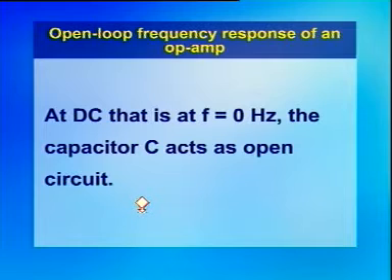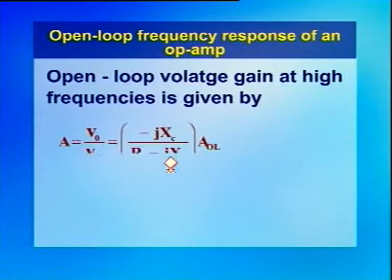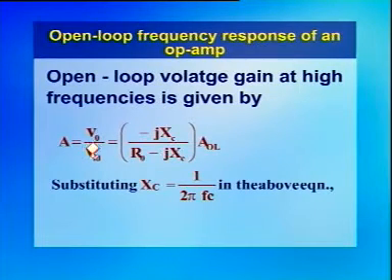Now the open loop voltage gain at high frequencies is influenced by the capacitor, and it is given by A equal to V0 by VID equal to minus jXC by R0 minus jXC into AOL.